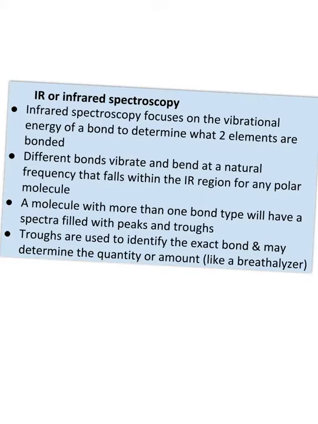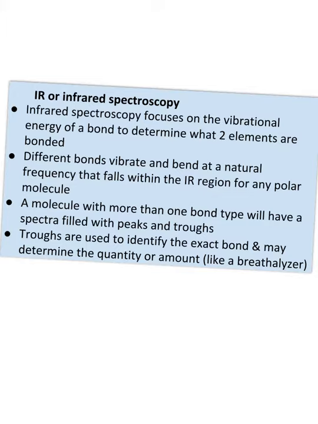So the big picture is that infrared spectroscopy focuses on the vibrational energy of a bond. And if you have a polar bond, the vibrational energy being given off is going to fall into the IR region. And it's going to be different for any 2 elements bonded, or if you have carbon and oxygen single bonded versus double bonded, that will have a different frequency.